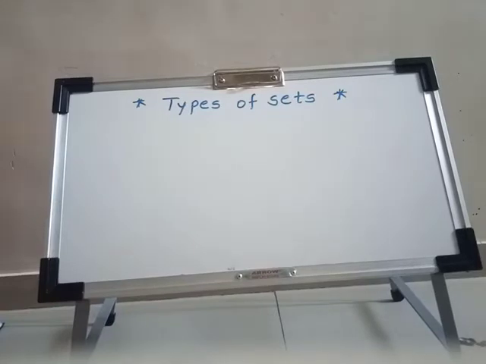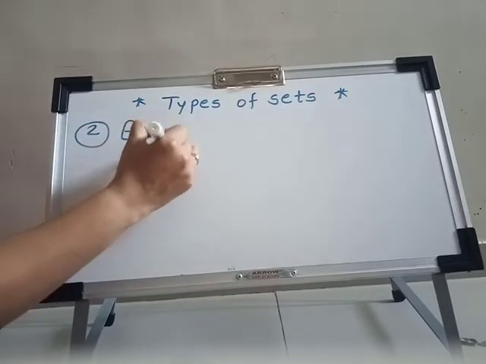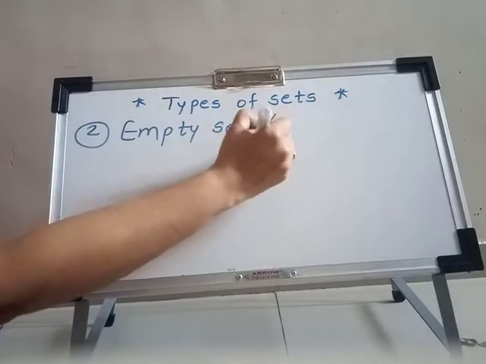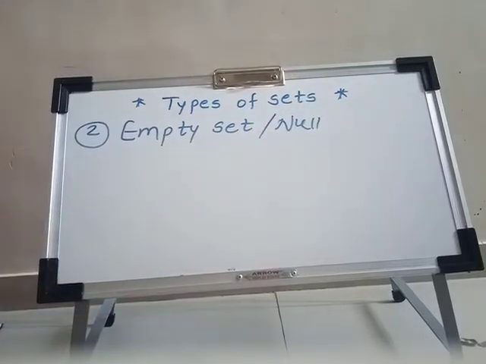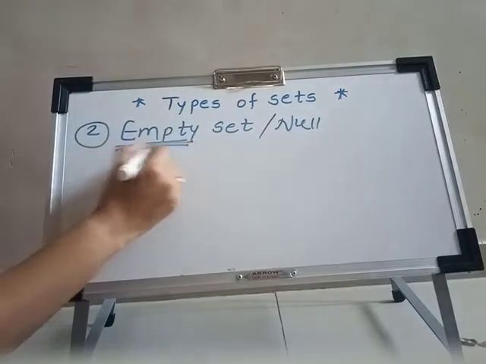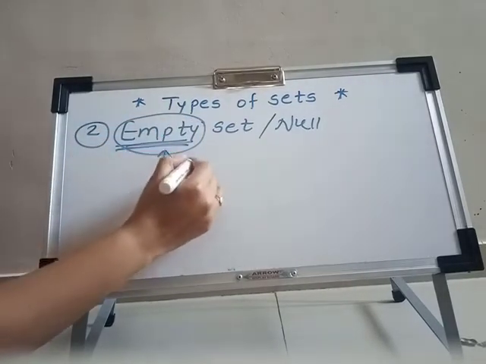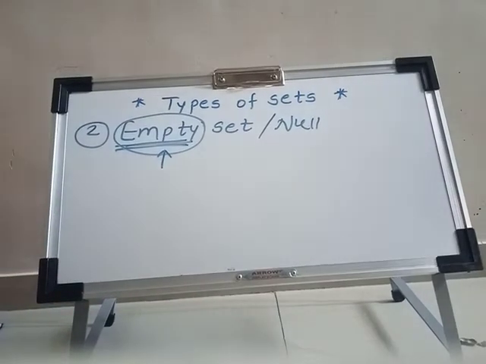Now second type is empty set. Empty set, or null set. Empty means khali, no element. The set having no element is called empty set.